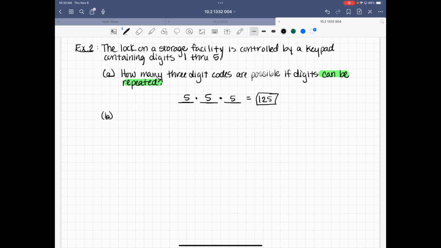Part B says, how many different codes are possible if digits cannot be repeated?